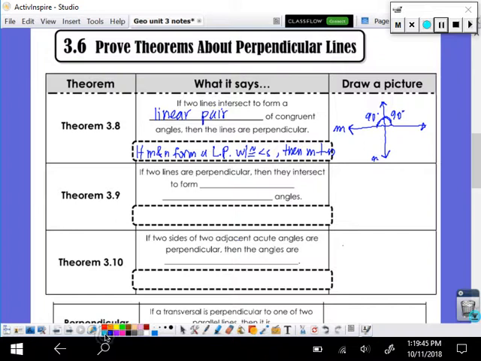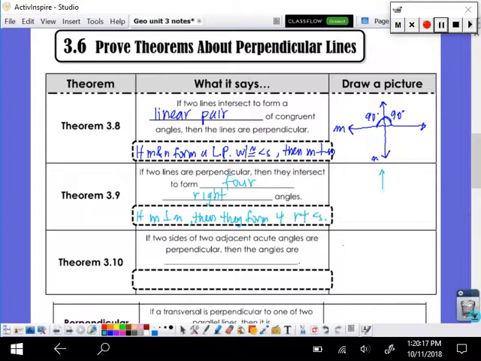Okay, next theorem. If two lines are perpendicular, then they intersect to form four right angles. So if M is perpendicular to N, then they form four right angles.